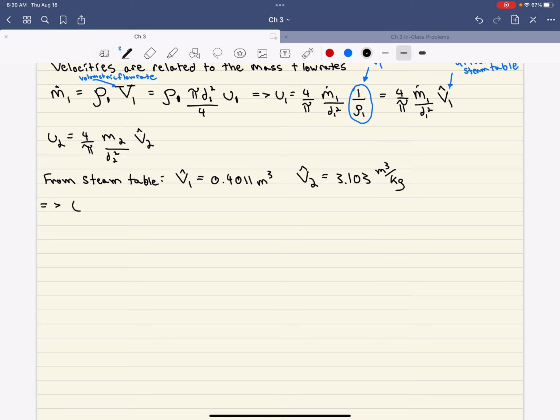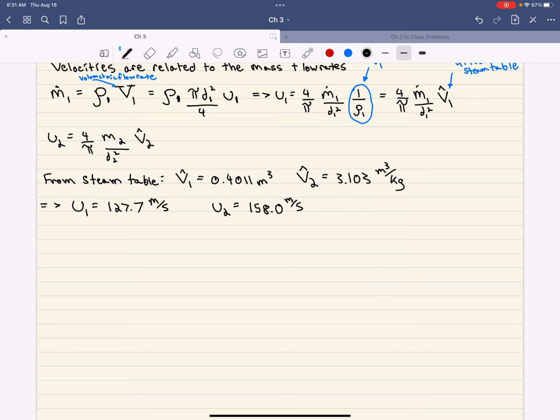And if we do that, we see that U1 is 127.7 meters per second, and U2 is 158.0 meters per second. Okay, so we see that the linear velocity actually speeds up as the steam goes into then out of the turbine.